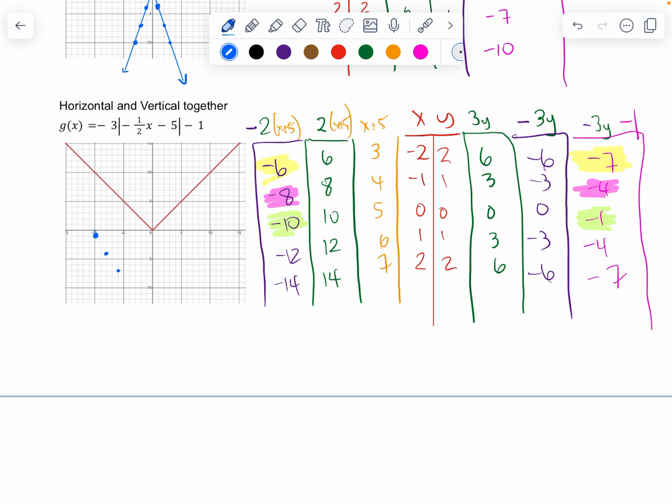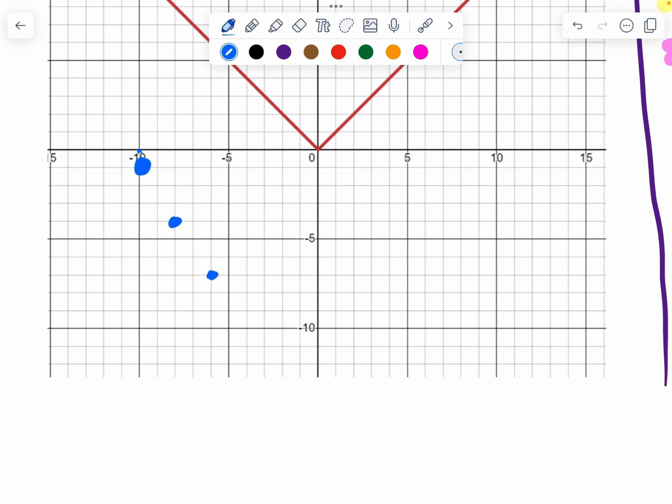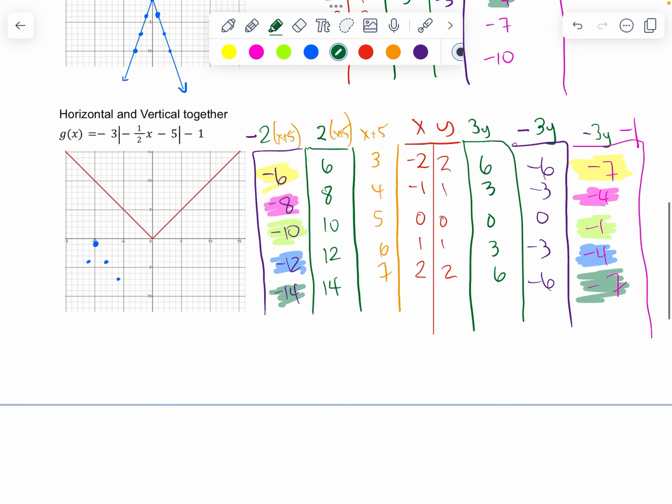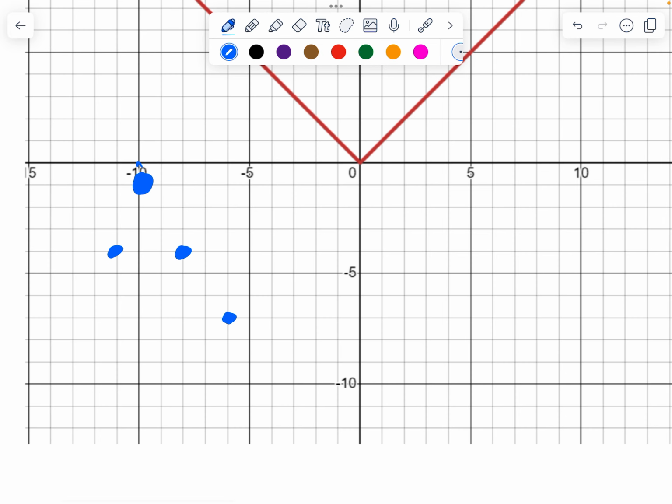Then I have -12, -4. And last but certainly not least, I have -14, -7. Sorry about that stray strand there.